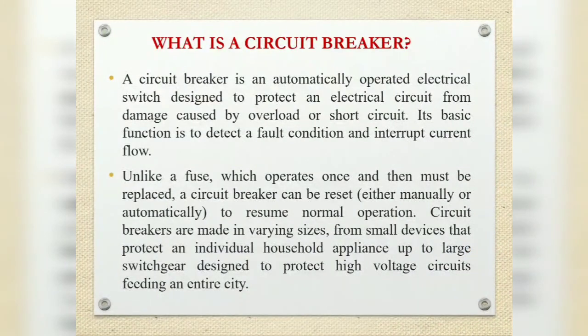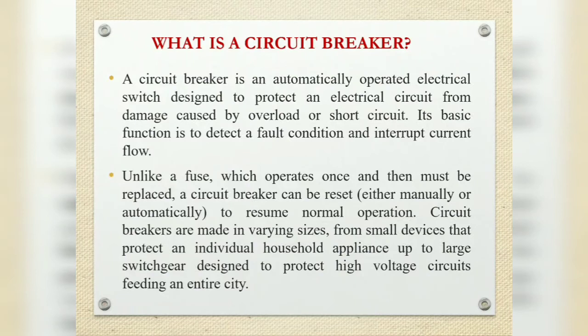So in this video lecture we studied the circuit breaker. A circuit breaker is an automatically operated electrical switch designed to protect an electrical circuit from damage caused by overload or short circuit. Its basic function is to detect a fault condition and interrupt current flow.